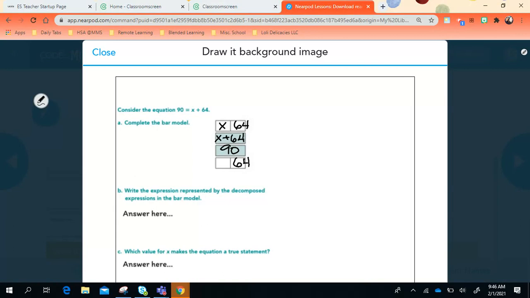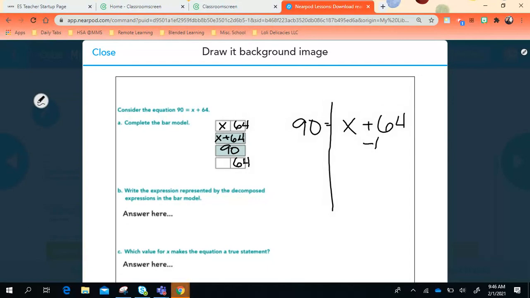Okay, good. So I'm going to work it out the other way on the side, just so we can see it. So what am I doing here with 64? What's the inverse of addition? Subtraction.